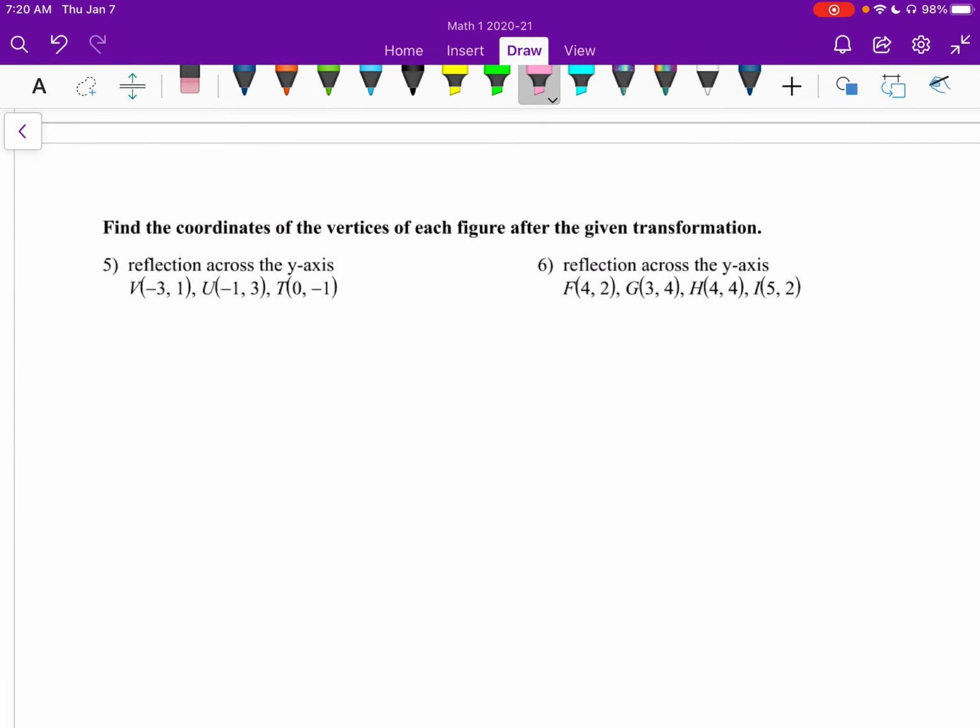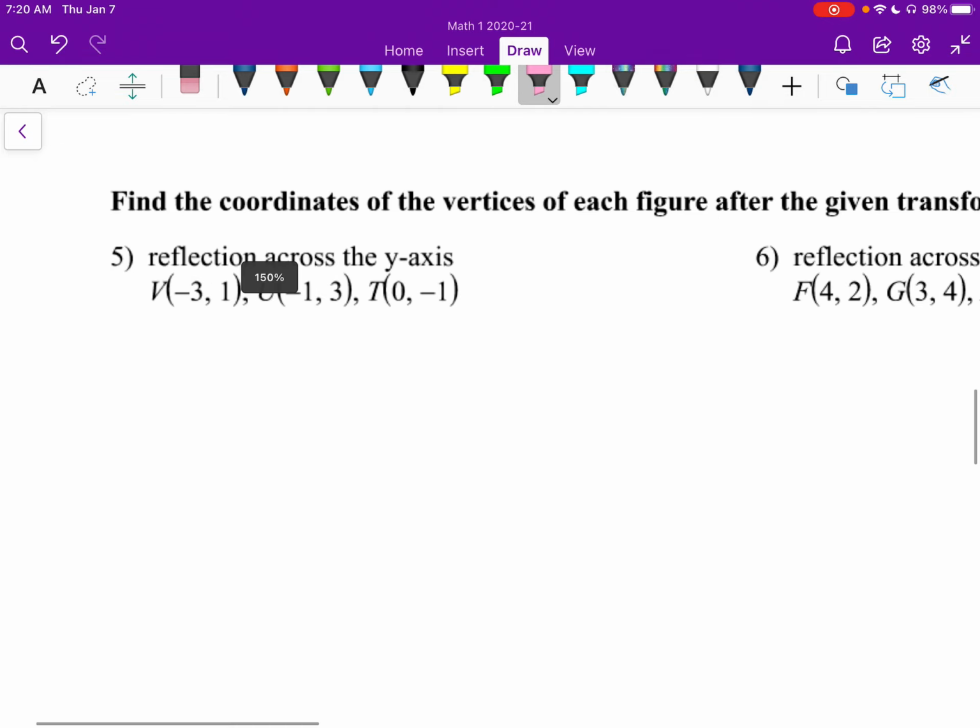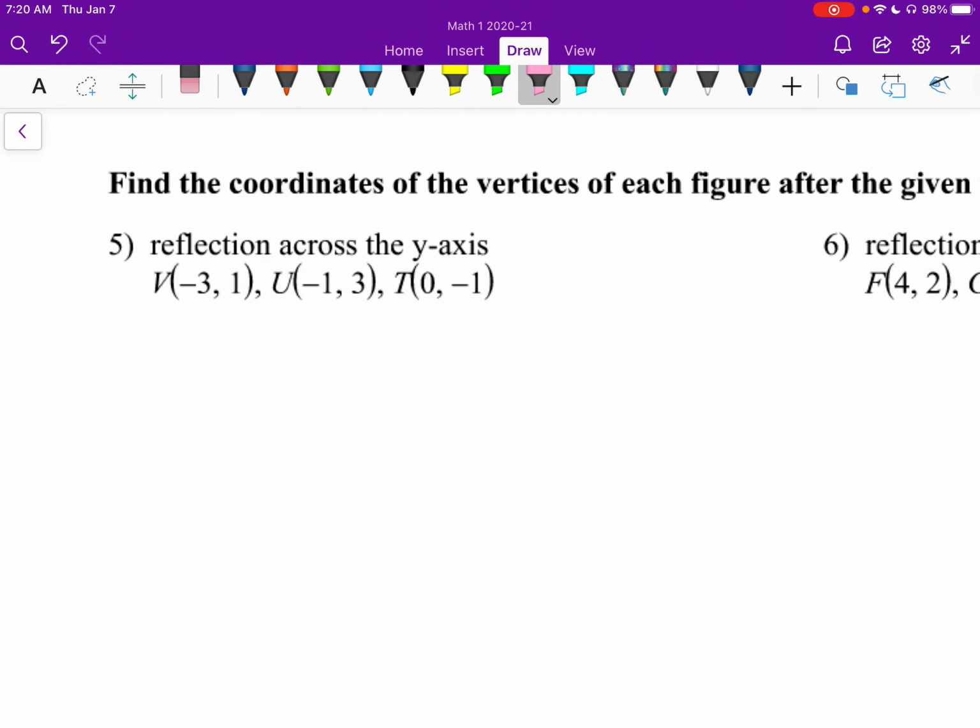Find the coordinates of the vertices of each figure after the given transformation. Number 5, whenever we reflect over the y-axis, we do negative x, y. So all we need to do here is list our primes, and I could write it out really long, but I think this is easy for us to just go right at and write. We're just going to swap the sign of our x value.